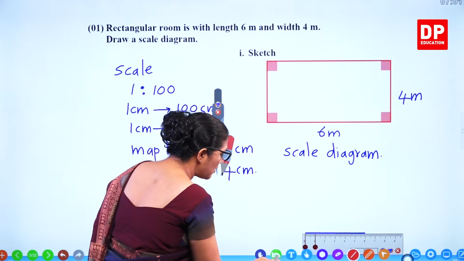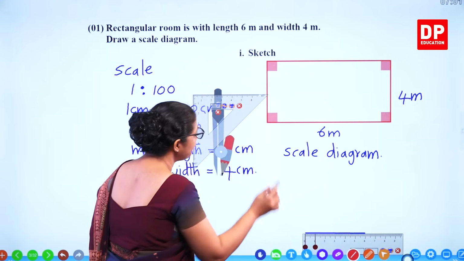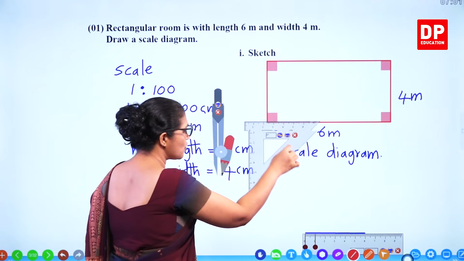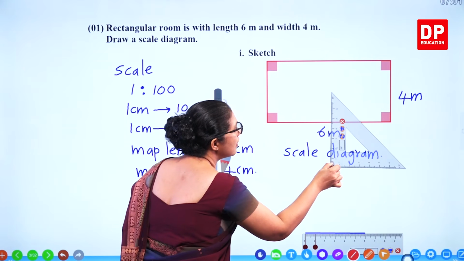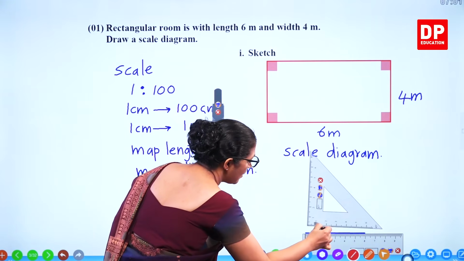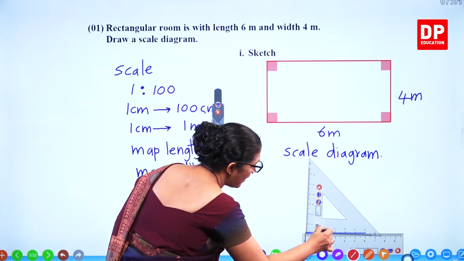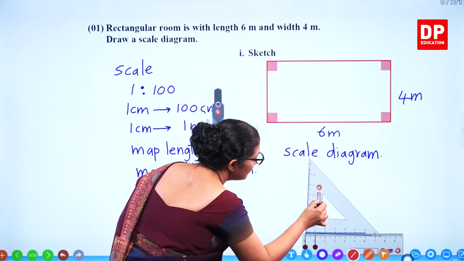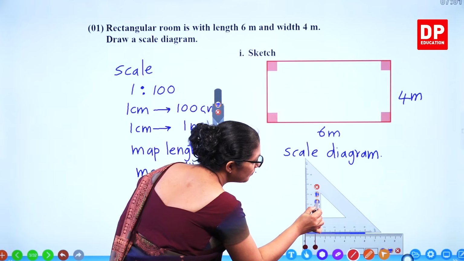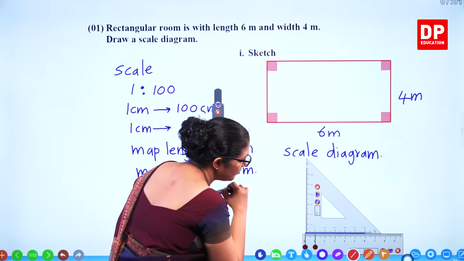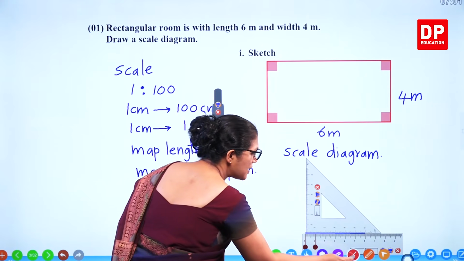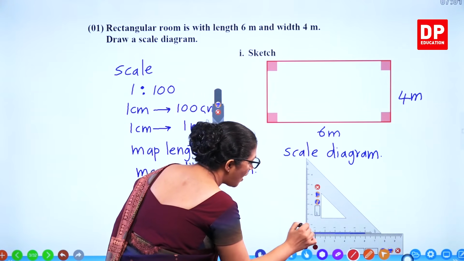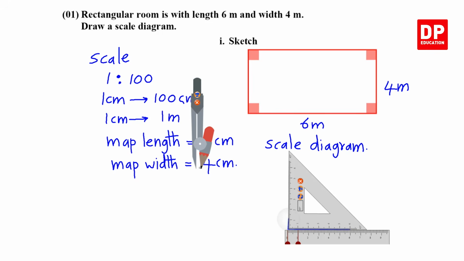For that I can take the set square. I'll take the set square and keep it on top of this line. Here, and now I need to measure 4 centimeter length. So I'll draw 4 centimeter length up to here.